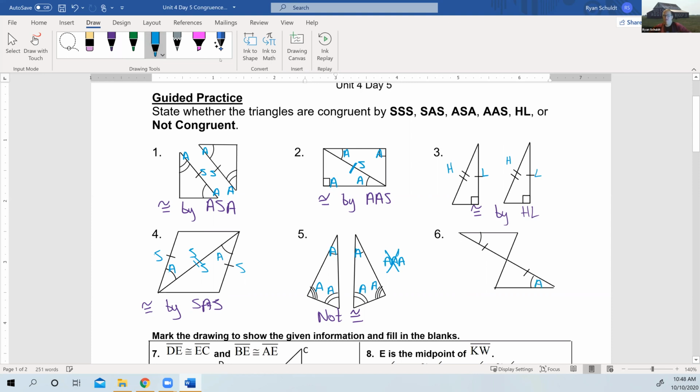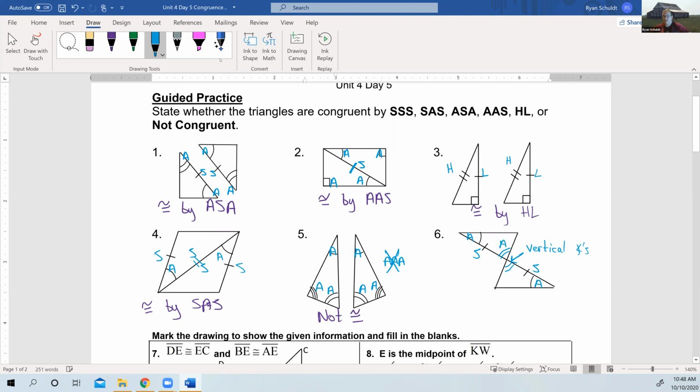Number 6. Looks like I got an angle. I got a side right here. What's happening here? Vertical angles. So I know this pair is congruent because these are vertical.